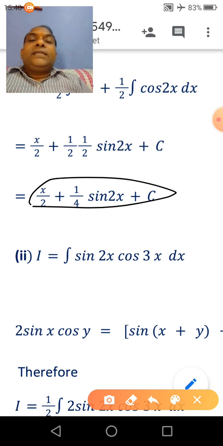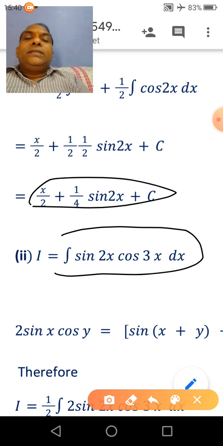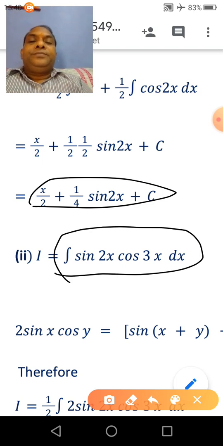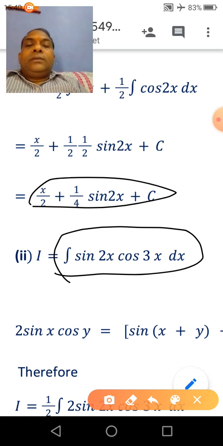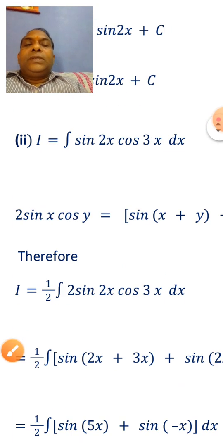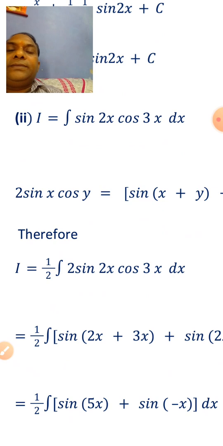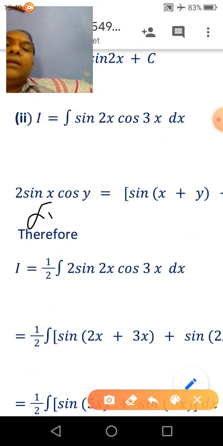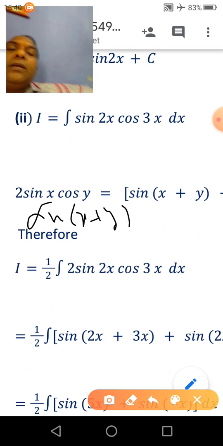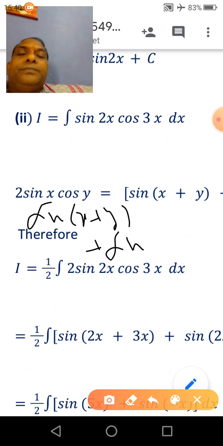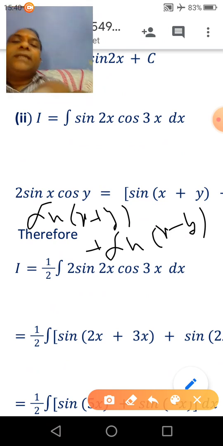Now next, integration of sin 2x cos 3x dx. Clear? To check here, you can use the formula 2 sin x cos y is equal to sin x plus y plus sin x minus y.